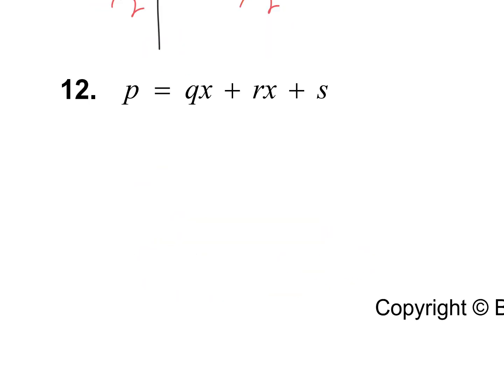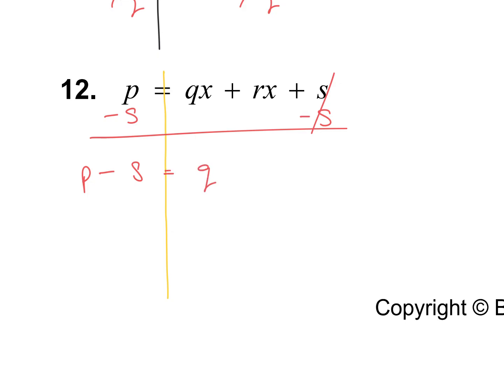We got p equals qx plus rx plus s. I like it. We have no numbers here, not really. Subtract s. We have p minus s equals qx plus rx. Factor out the x to get q plus r.